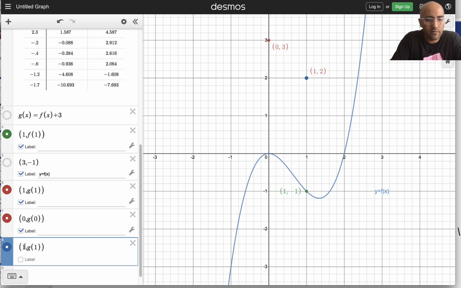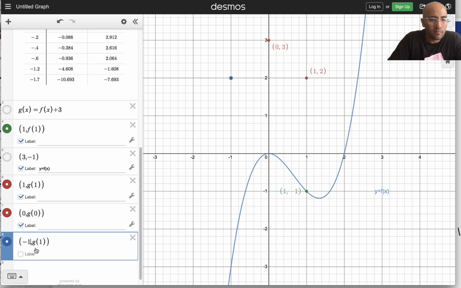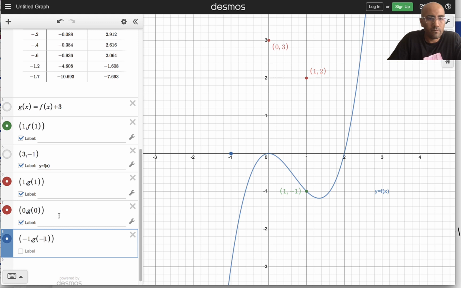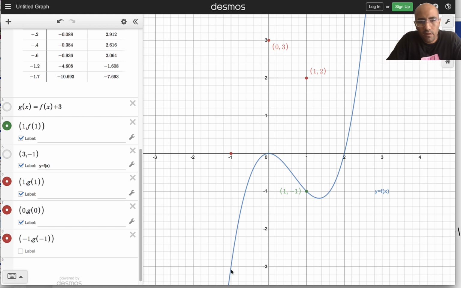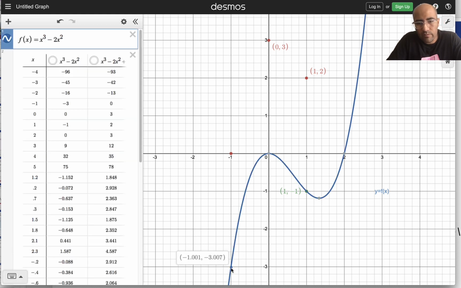At negative 1, the original function maps to negative 3, but now the new function is going to map it to 0, right? So at every point on a point-by-point basis, this little gap here is a distance of 3 units up.